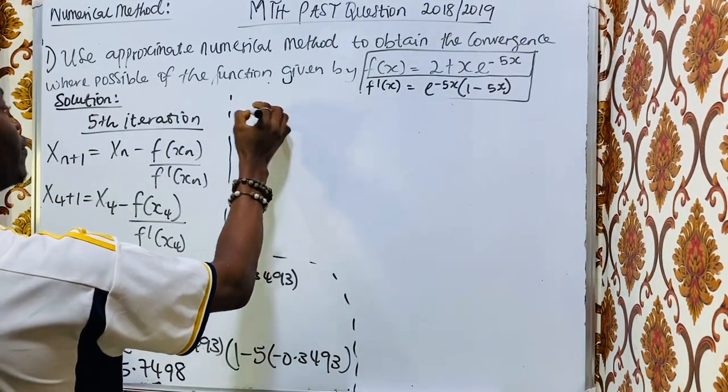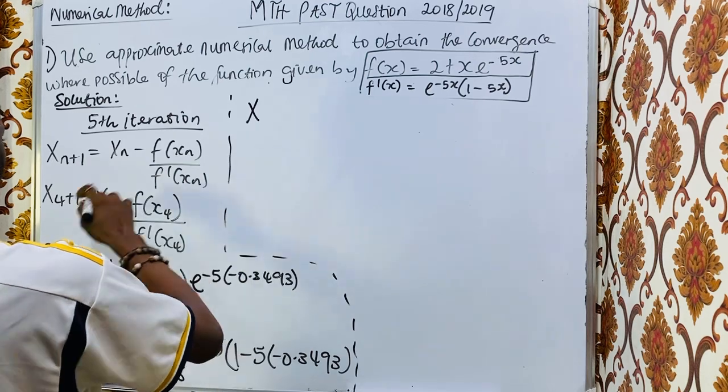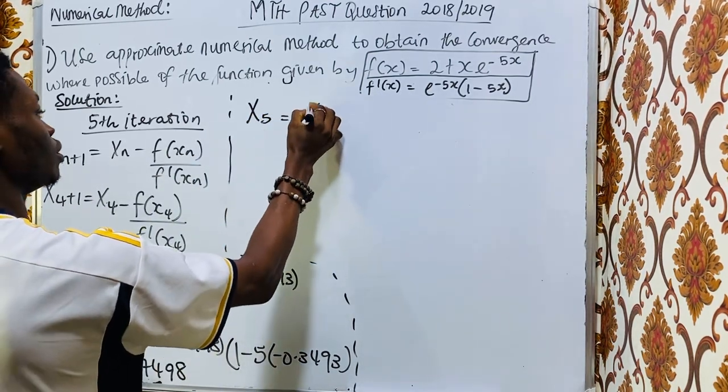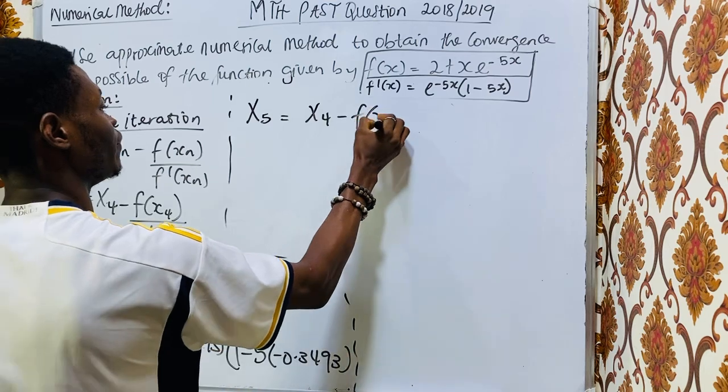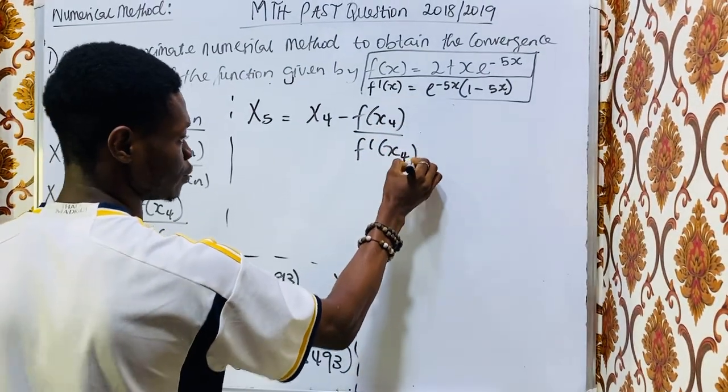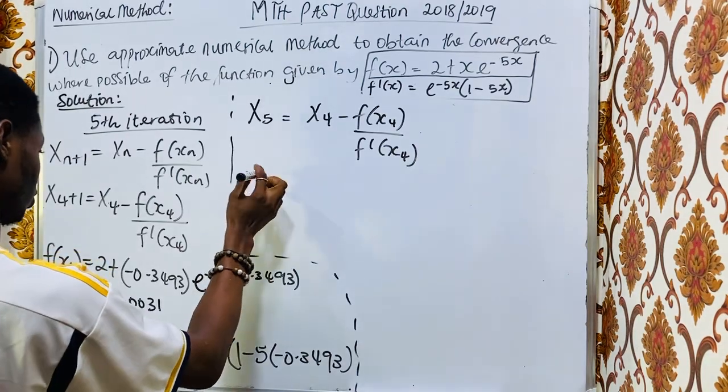So we are going to have x4 plus 1, which is x5, equals x4 minus f of x4 all over f prime of x4.